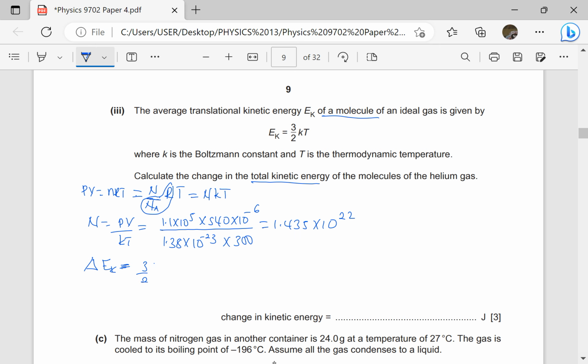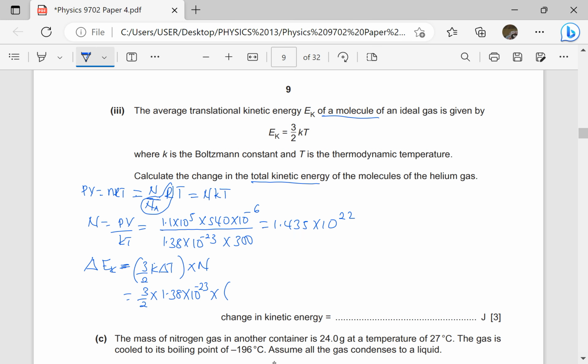The change in kinetic energy of one molecule should be 3 over 2 K times the change in temperature, that is for one molecule, then times the number of molecules for all the molecules to get the change in total kinetic energy of the molecules. So this would be 3 divided by 2 times K, which is 1.38 times 10 power negative 23, then times the change in temperature.